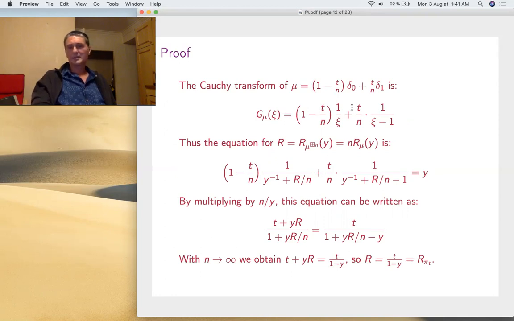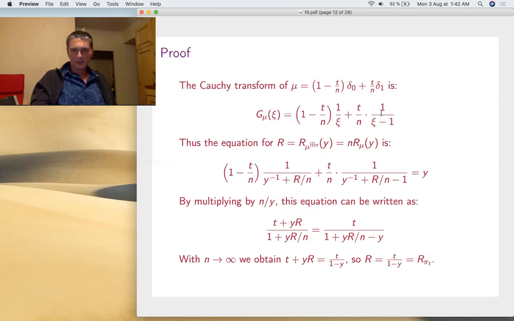Now, since we are interested in convolution powers of this guy, the R transform of this convolution power is n times the R transform of mu itself. So from this Cauchy transform, we get an equation for R just by dividing everywhere by n. So that's your equation.